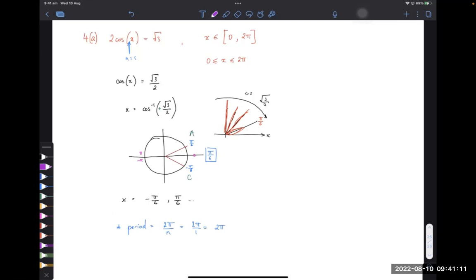But we want to express that as 12 pi on 6. I'm just going to rewrite the domain as well. So 0, I'm just going to modify it up here. 0 to 12 pi on 6. Okay.